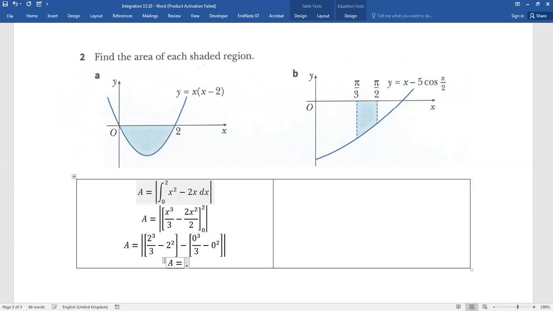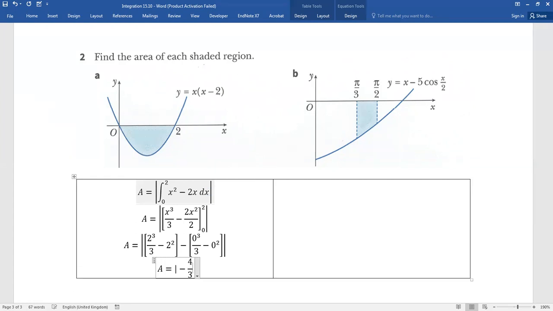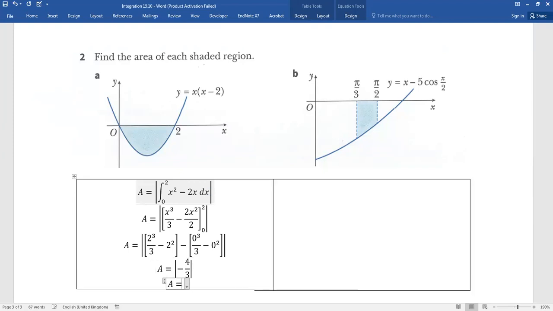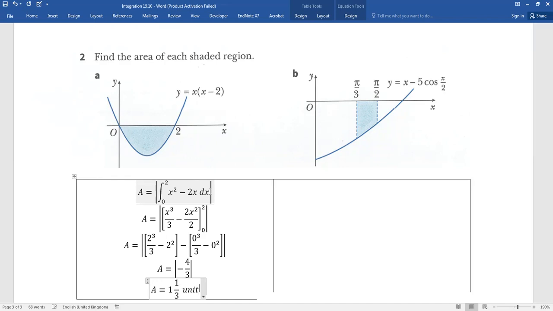So the area is 8 upon 3 minus 4, minus 4 upon 3, which is 1 and 1 over 3 units squared. Is that right?